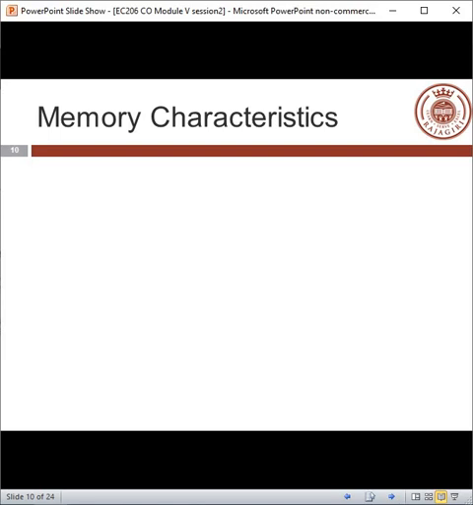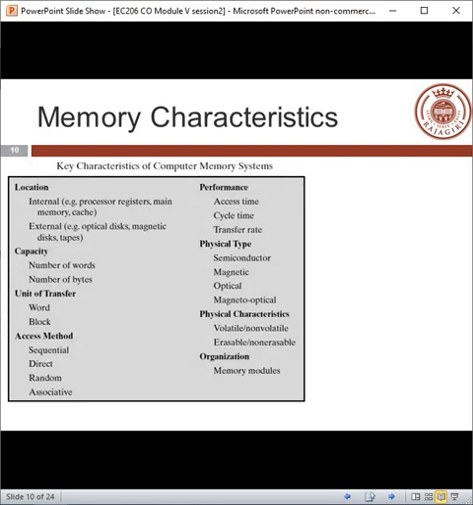I will now go through some of the characteristics of memory. We can categorize a memory based on different parameters. The first one is location, that is, where that memory is. Whether it is internal to the chip or external to the processor.